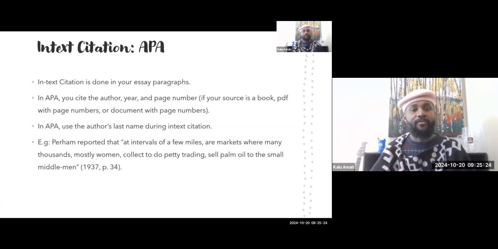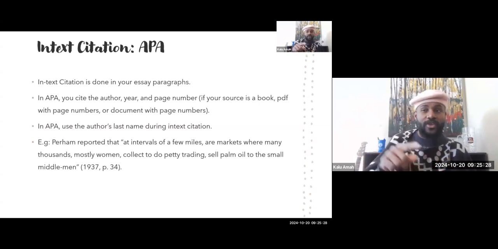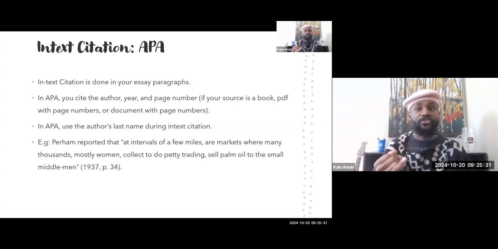You said, Perham reported that, and quoted Perham. Then you put in parentheses the year of publication of that book by Margaret Perham. Then, because you lifted this quotation from page 34 of that book, you put P34 to show the page number.